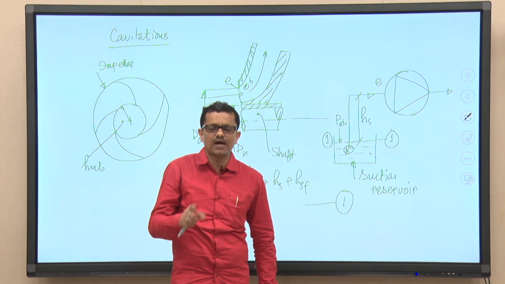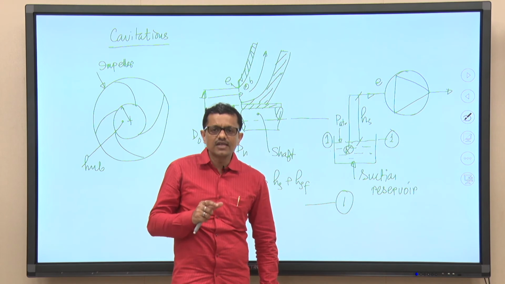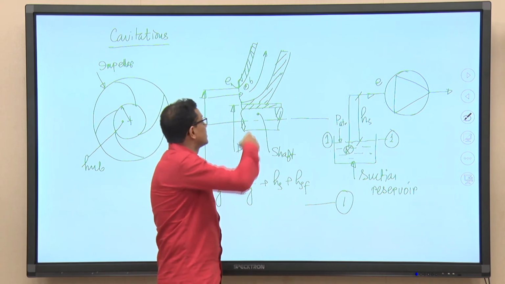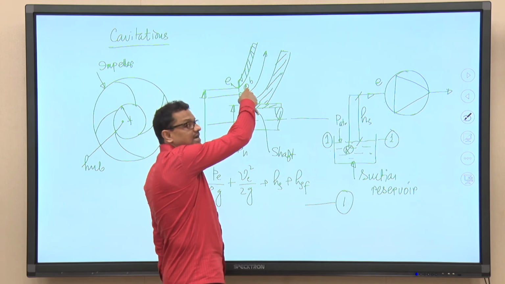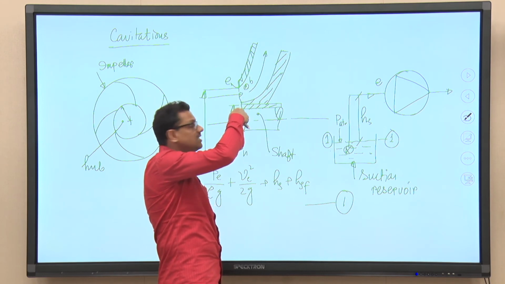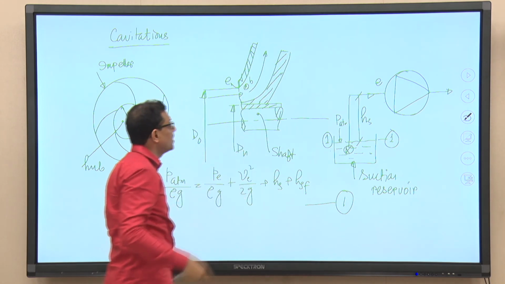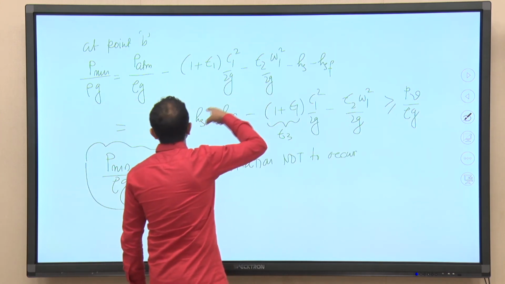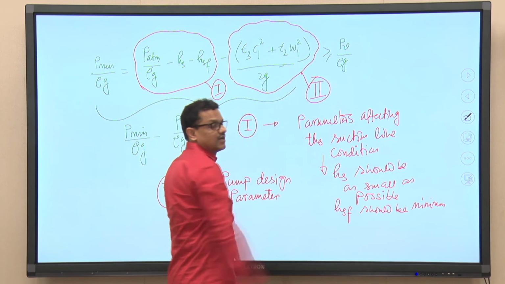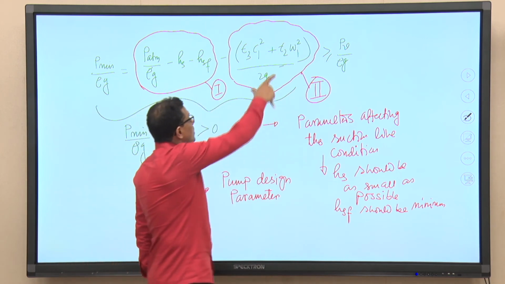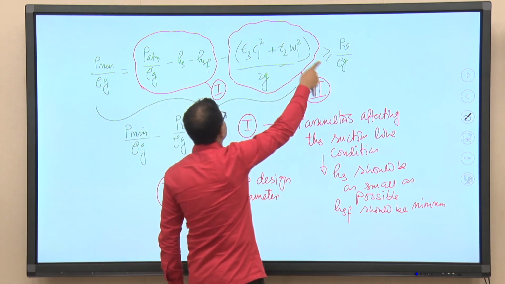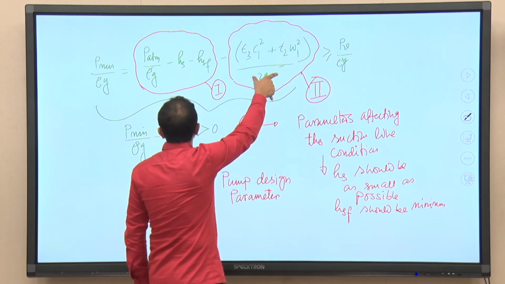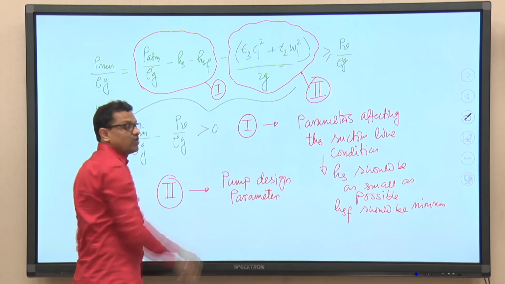So, the pump designer should design the pump in such a way that the increment in flow velocity at point B is not very high. If this quantity is very high, with the minus sign, then this equation will not be valid.